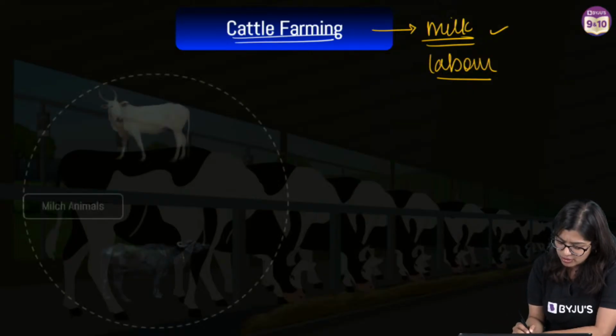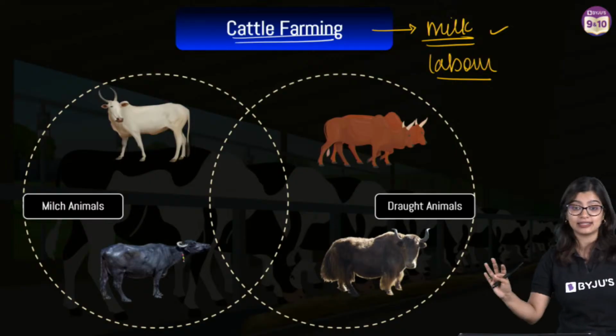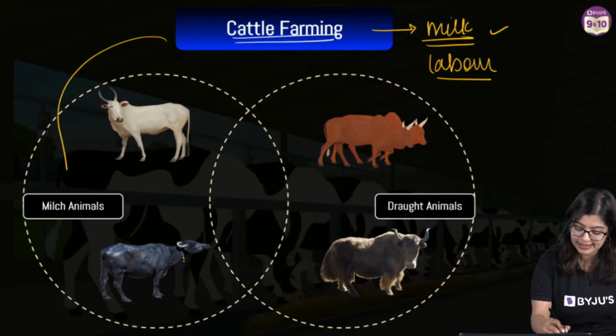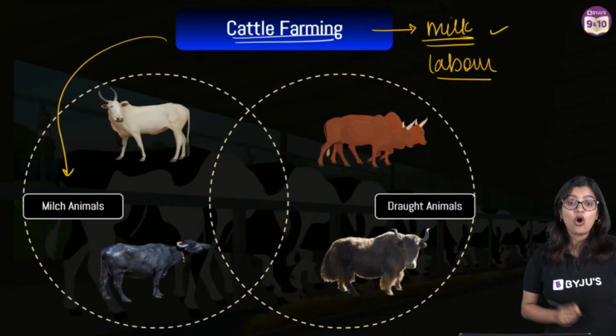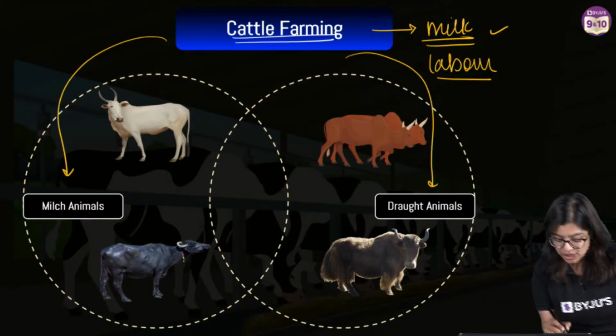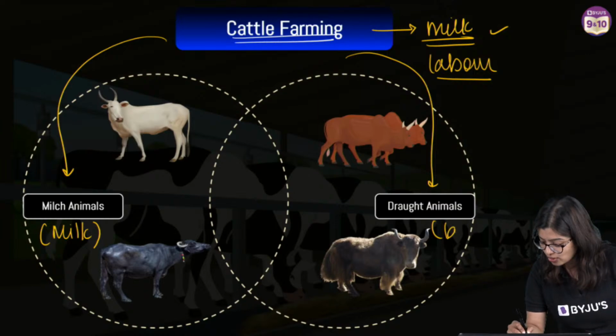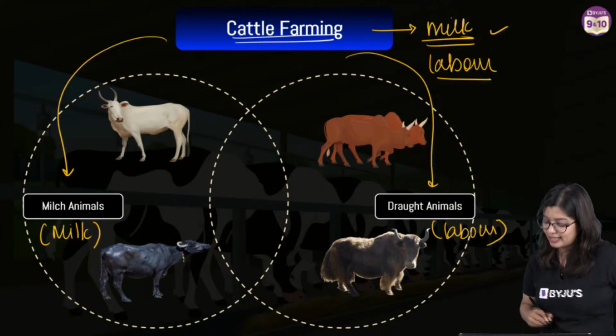Based on this, I can broadly categorize my cattle into two: milch animals and draught animals. Milch animals are those from which I get milk, while draught animals are those that do labor.